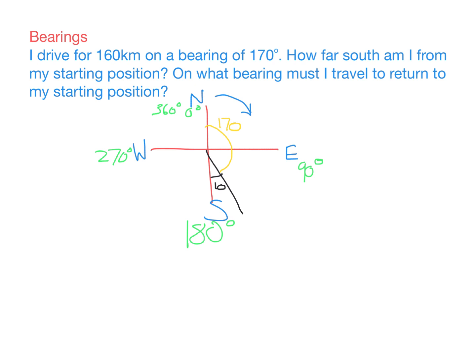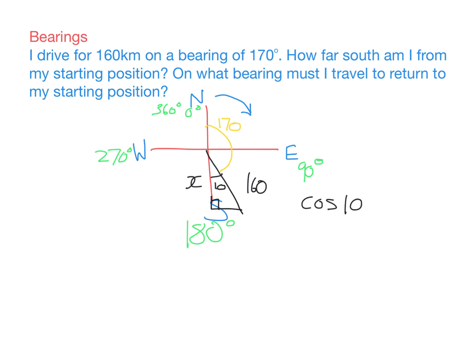So we've gone for 160 kilometers. Now we can turn this into a right-angled triangle. We know it's going to be right-angled because south and east are always at right angles. So we're asked how far south, so we're looking for this side here. So we simply use cos because we have adjacent and hypotenuse. That's what the CAH in SOHCAHTOA means. So we set up our equation.